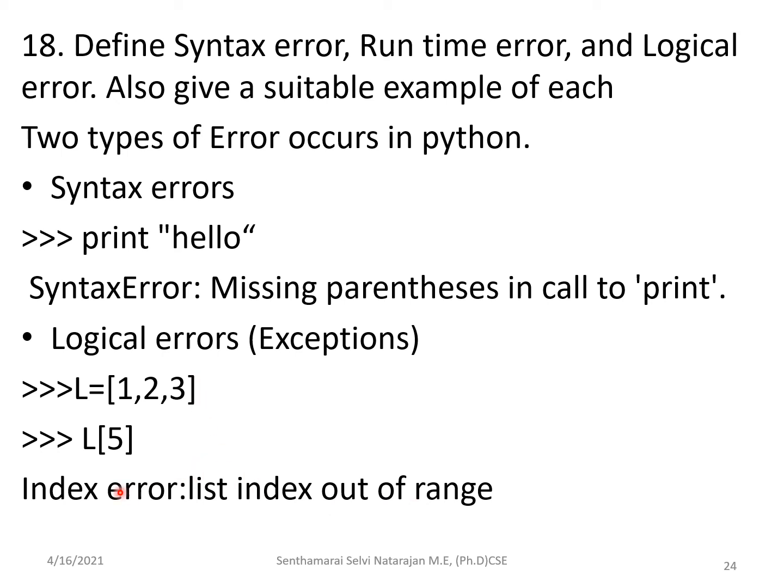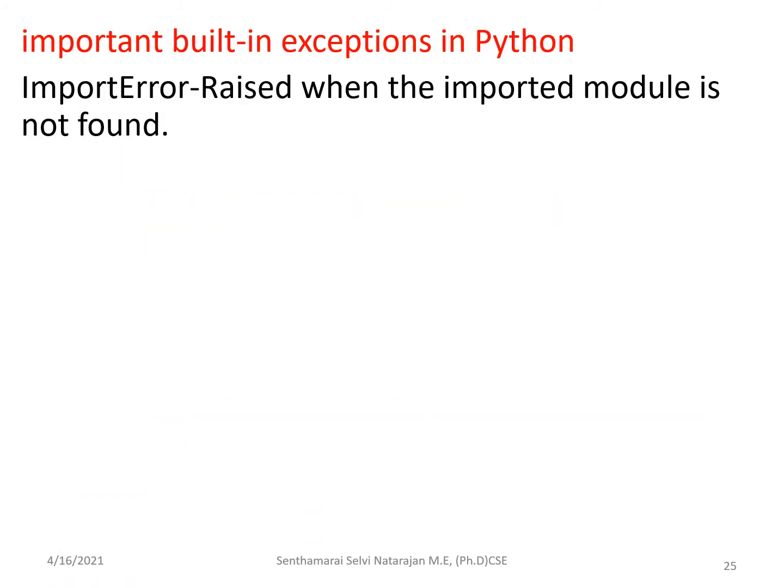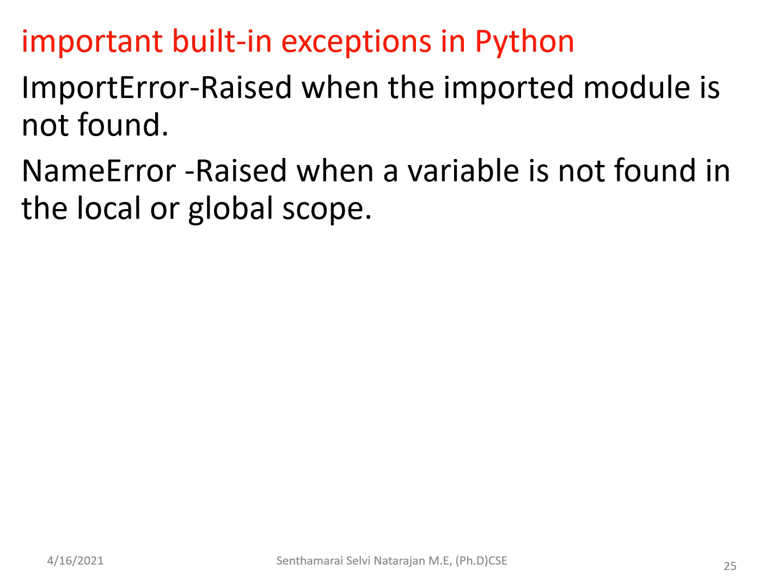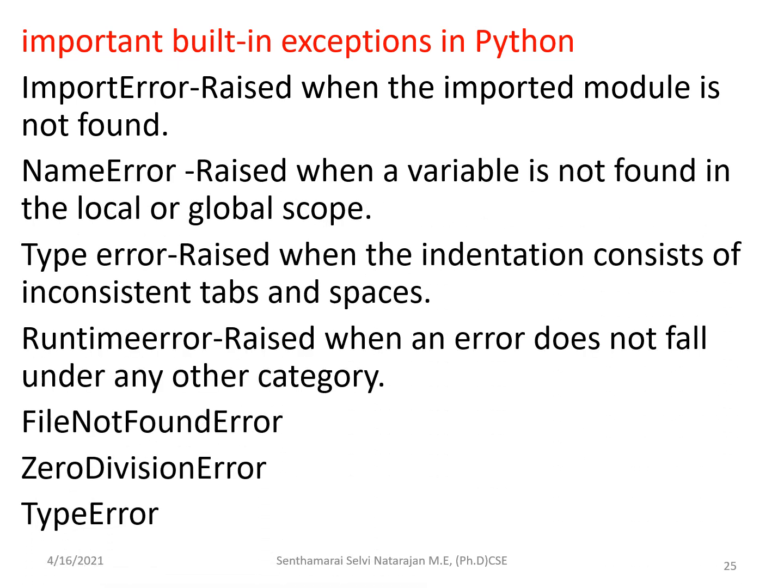So these are some examples, and I have given some more errors in the next slides, which are found in Python. Some built-in exceptions: import error, name error, type error, runtime errors. I have specified some examples. In import error, if you are using a math function without importing the module math, then it specifies that the module is not found.